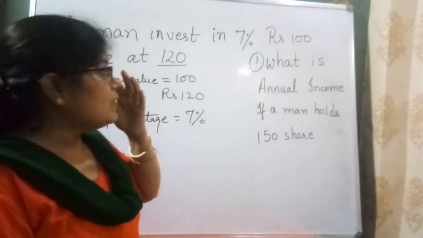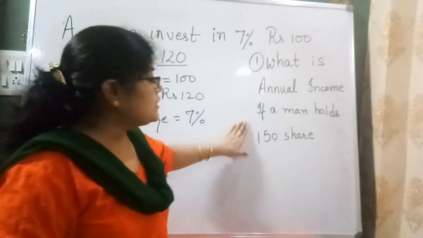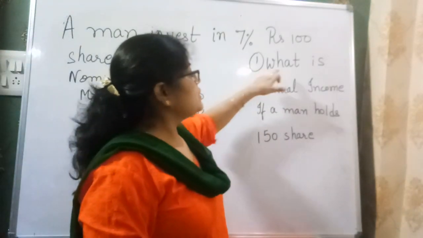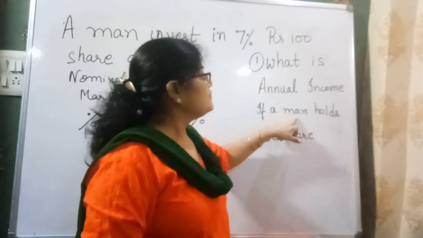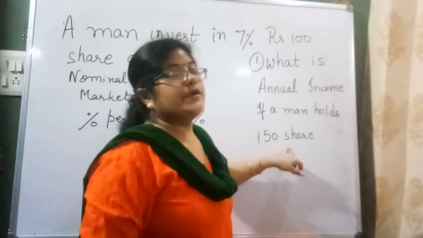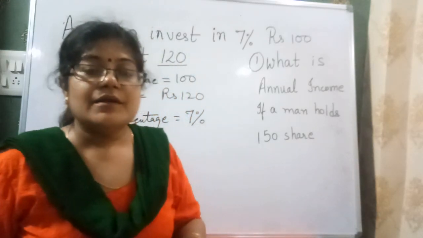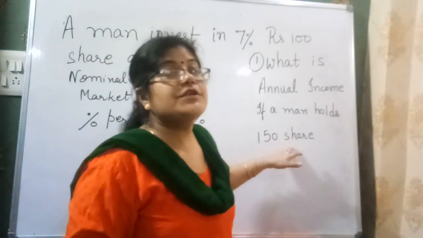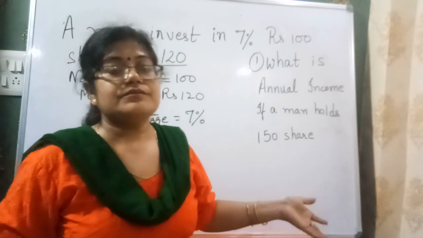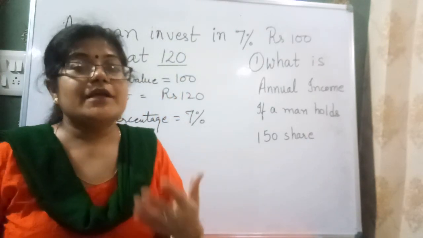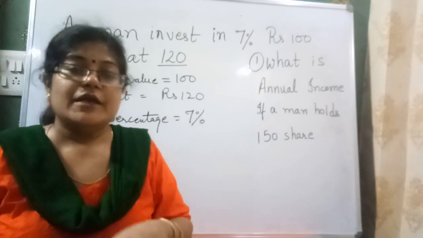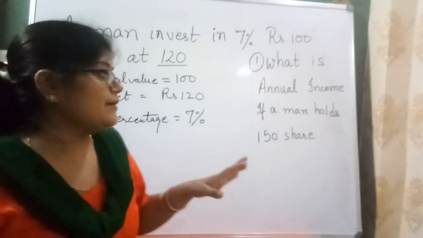Clear? Now, come to the question. What is asked in the question? What is the annual income of a man who holds 150 shares? There is a man who buys 150 shares of that company. Then after a year, what profit does he gain from the company if he holds the shares for that time?